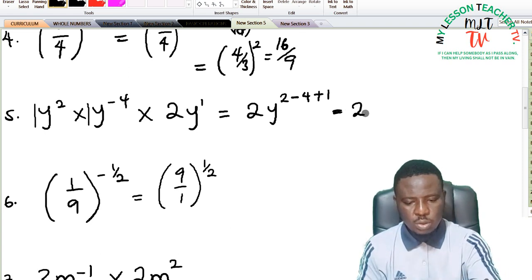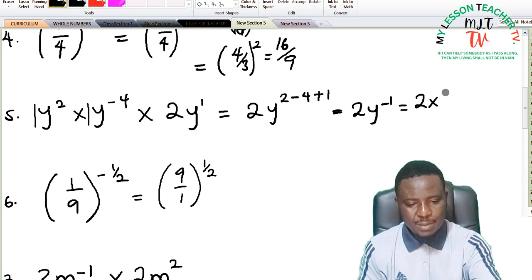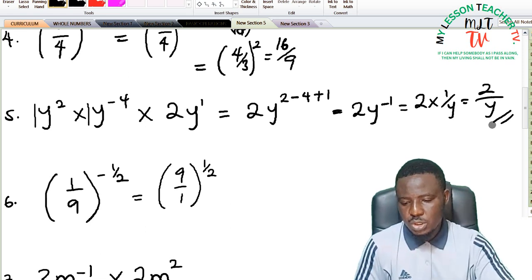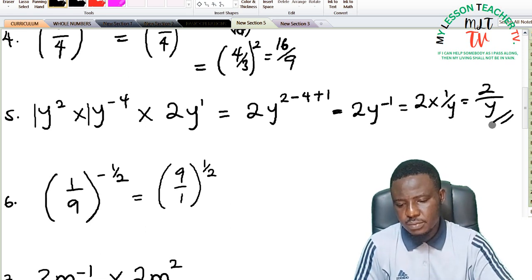This is equal to 2y raised to the power of 2 minus 4, which is minus 2, and minus 2 plus 1 is minus 1. So this is equal to 2 times 1 over y, which is equal to 2 divided by y. So this is what you get as your answer.